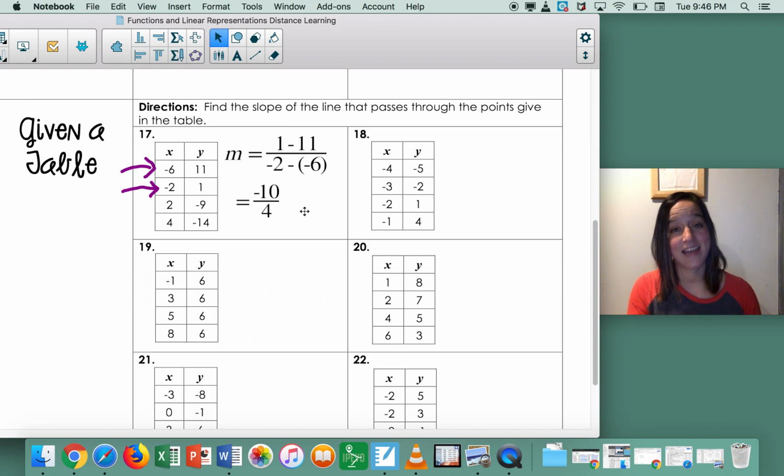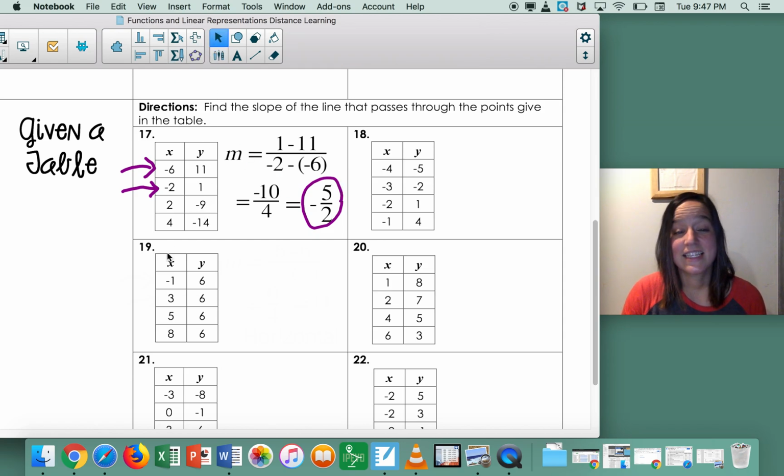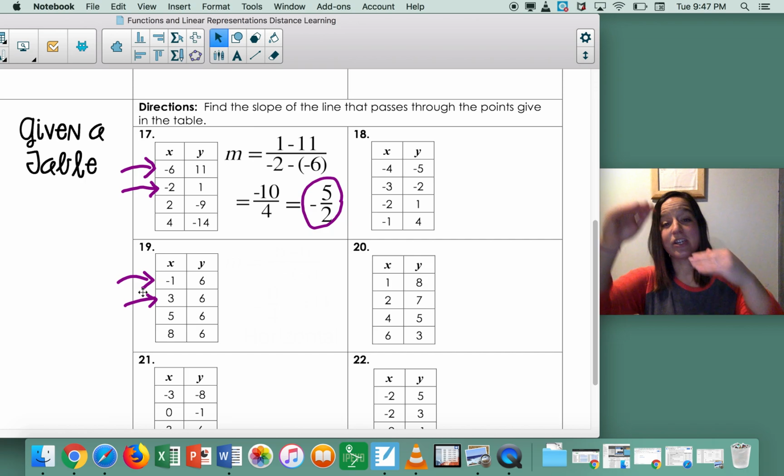I plugged them into my formula, and I ended up with -10/4, which you all know is not an okay answer, so I would have to simplify it. When I simplify it, I get -5/2. So my answer to this one would be -5/2.